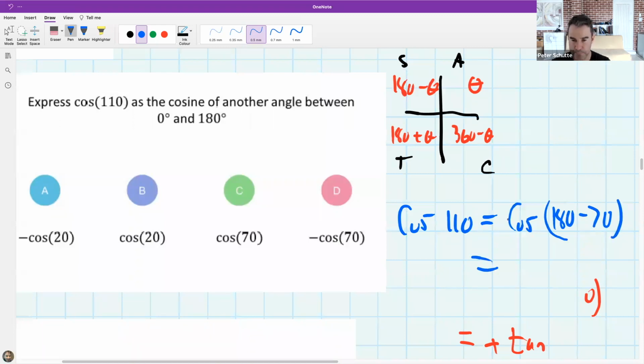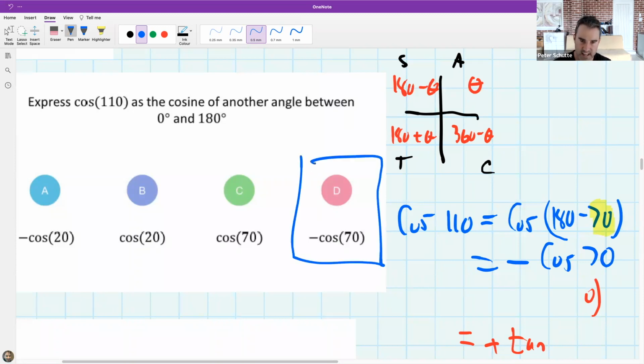But, so that's step 1. Step 2 says in quadrant 2 is cos positive or negative? It's negative. And then because I'm looking in quadrant 2, if there was a triangle there, I would just have a reference angle of 70. And so I would write it as minus the cos of 70, which is D.